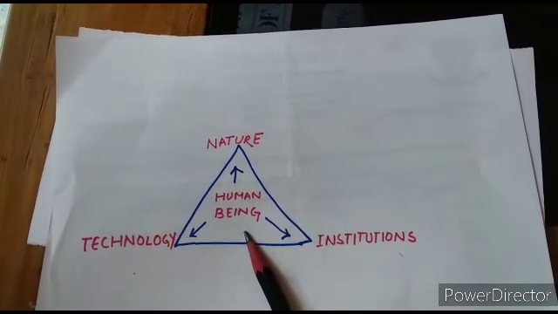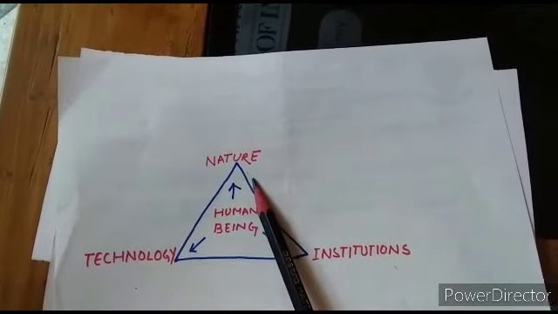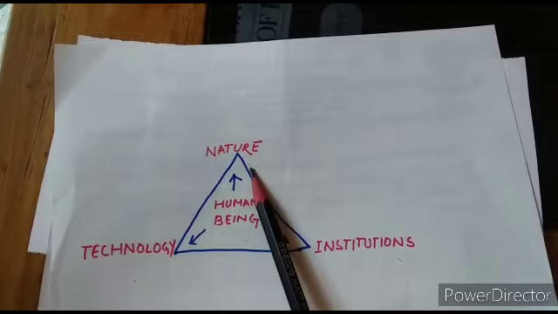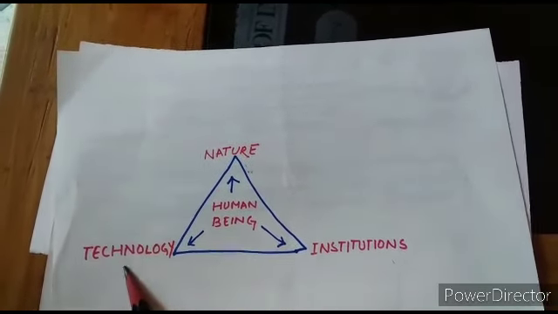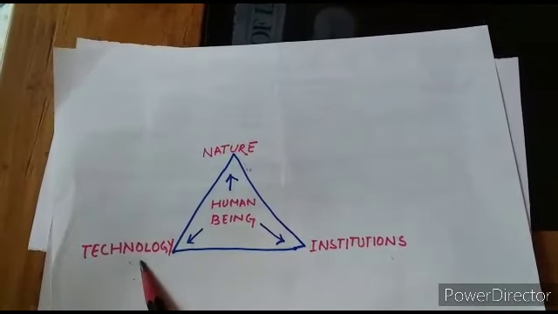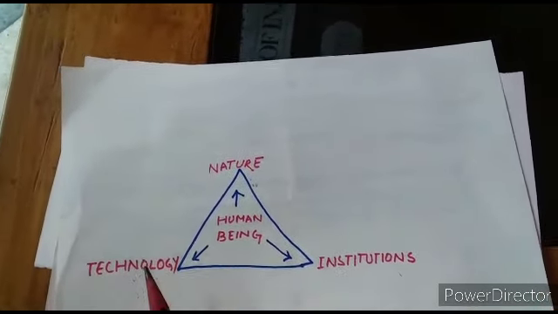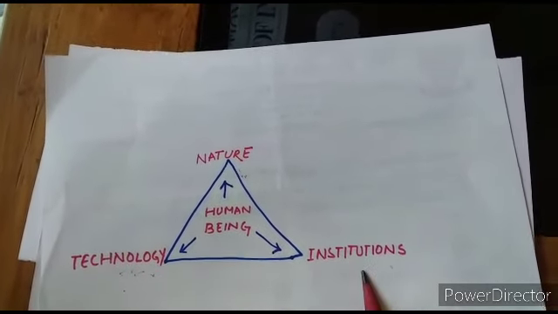All of us are interacting directly or indirectly with nature. When we are interacting with nature, what is helping? The technology. Technology is the thing which is helping to interact and discover things. And all these discoveries are for our institution.